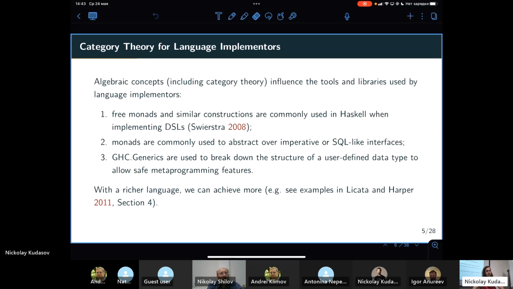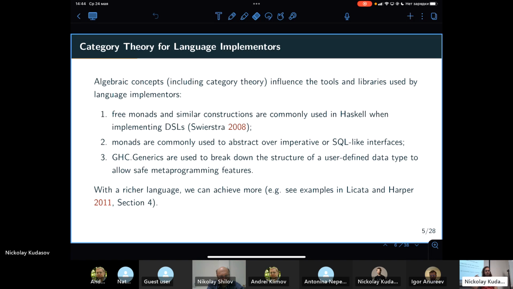And what do you mean by SQL-like interface? So, I mean, one kind of monads that is commonly used is basically. I think the microphone should pick up Abdurrahman well, but just in case, the question was how do monads relate to SQL-like interfaces. Basically, if we simplify a little, there is a state monad which corresponds to imperative programming with state, and then there's, let's say, a list monad that you can treat as corresponding to non-determinism.